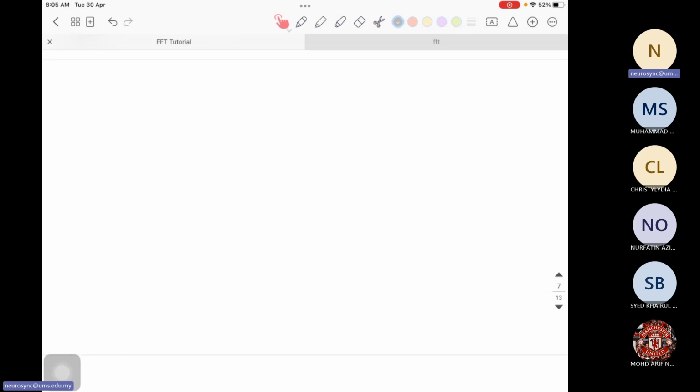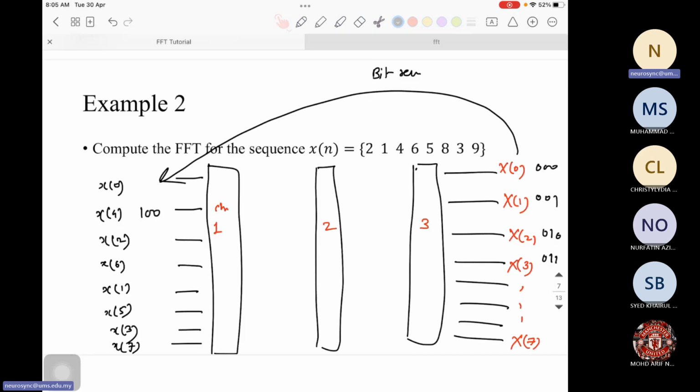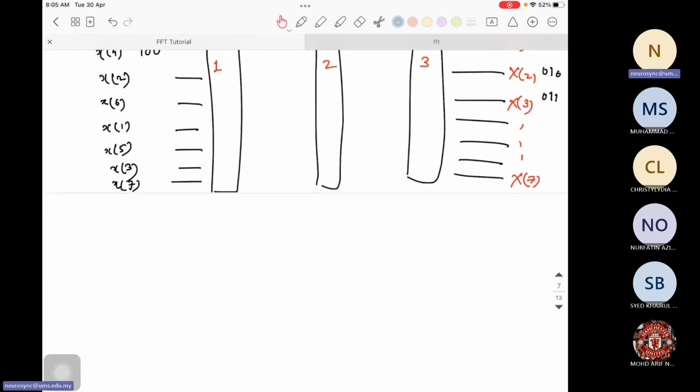So stage 1 is basically what? Stage 1 is about the single DFTs. So first we will draw the structure. So the structure is like this. Draw the butterfly structure. This is our stage 1. So how many butterflies will be there? 4.